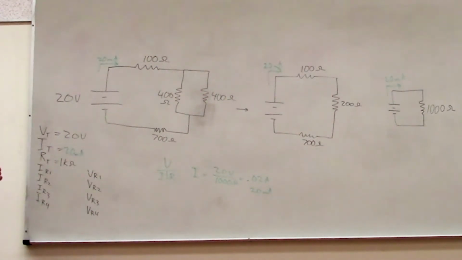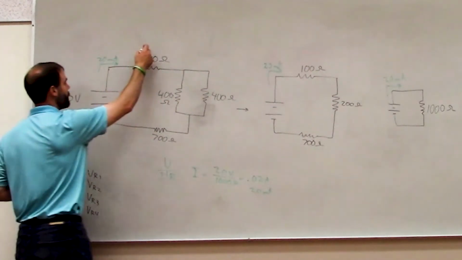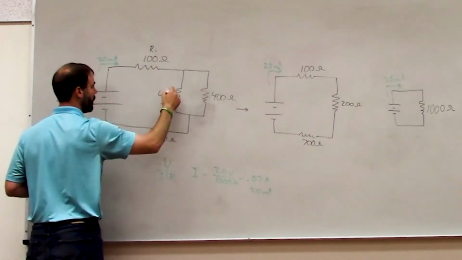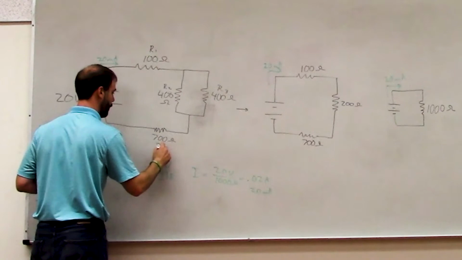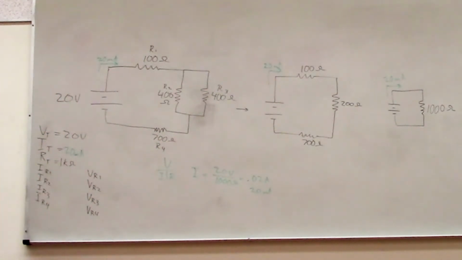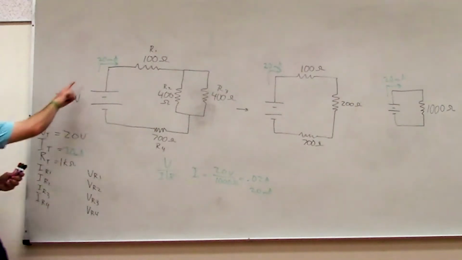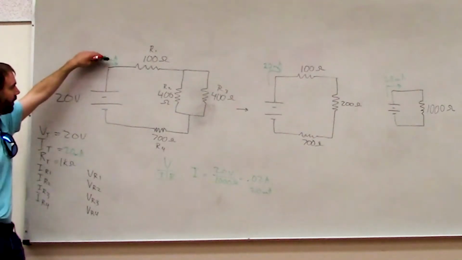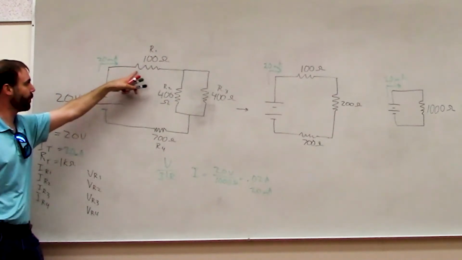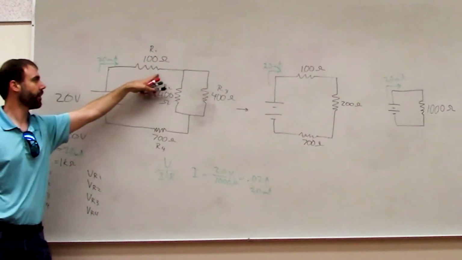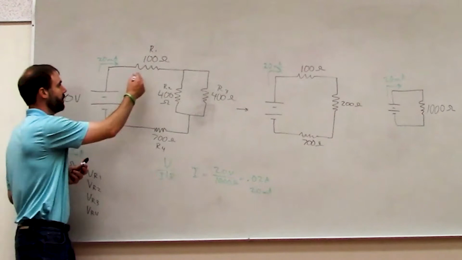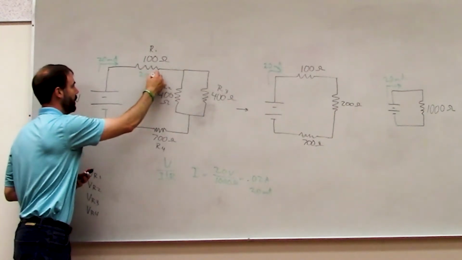Yeah, exactly. So we'll call this one R1, R2, R3, and R4. We know that the current is the same along any single path, right? So we have 20 milliamps flowing this way, and it doesn't split off before it goes through this resistor. So all of that current has to go through this resistor, right? So how much current do we have through this resistor? Exactly, 20 milliamps.